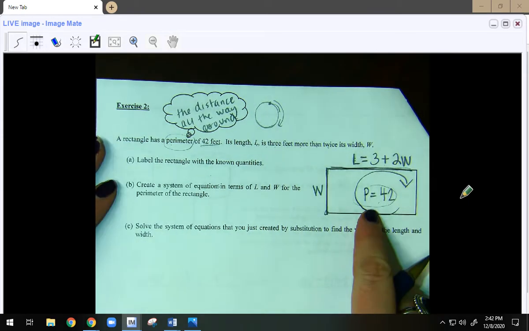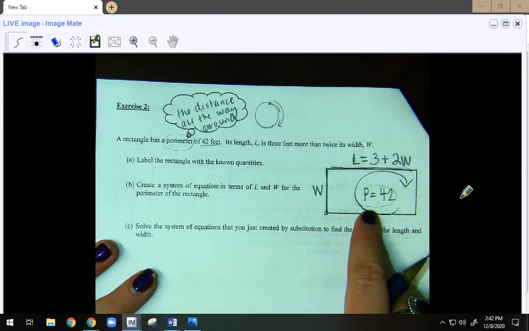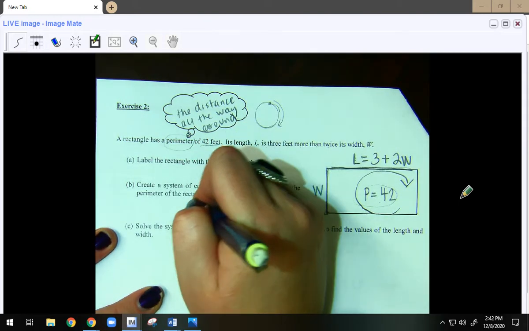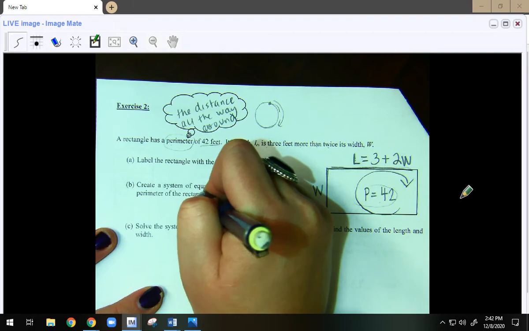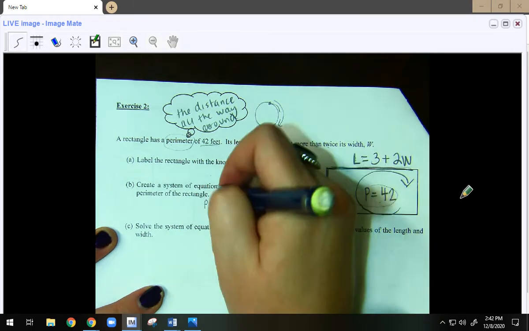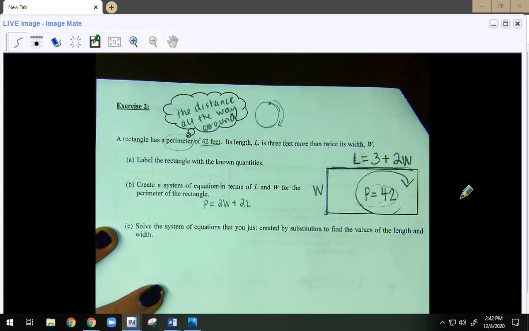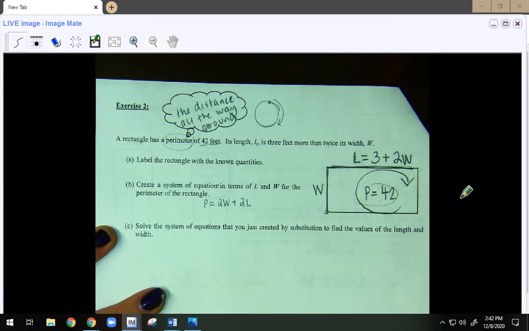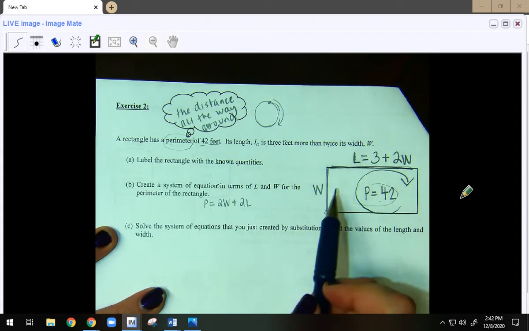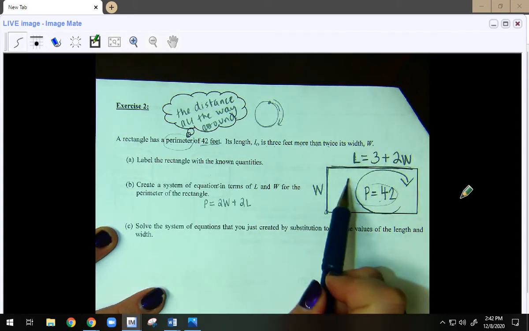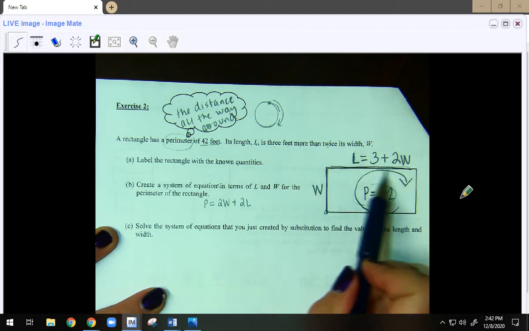So the first equation I have is my perimeter. The perimeter is going to equal, you walk around W twice and you walk around length twice.